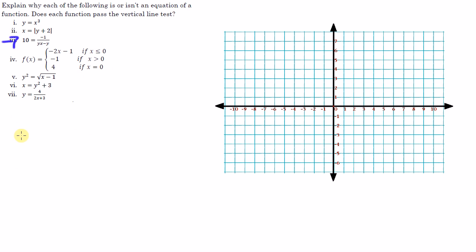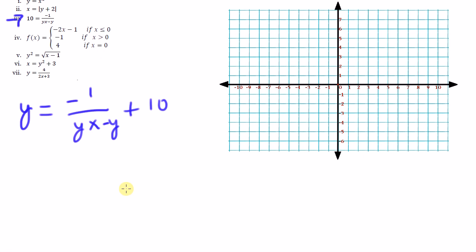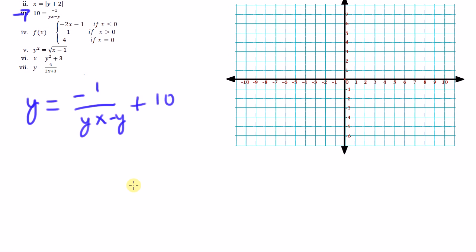Okay, so the next guy says this. 10 is equal to, so I'm going to rewrite this as y is equal to -1 over y times x minus y plus 10. And then if I moved stuff around and I tried to break this x free, would I get a y squared?